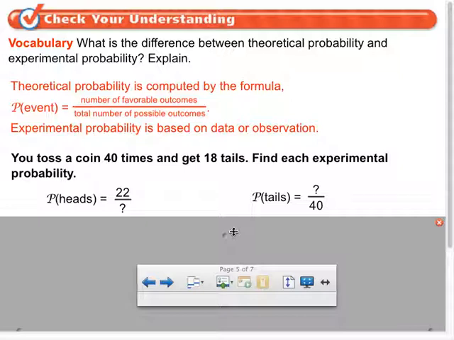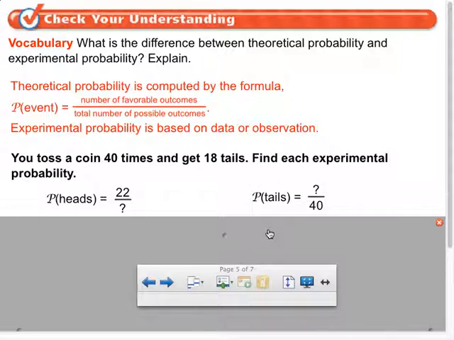Which one's the number of trials? Which one do you mean by numerator? Which number, the top or bottom? I'm trying to see if you just confuse the two. No, the number of trials, how many times you did something, is the denominator. Okay, so you're right. Your answer is right. It is 22 over 40. Okay, and then could you finish it up?